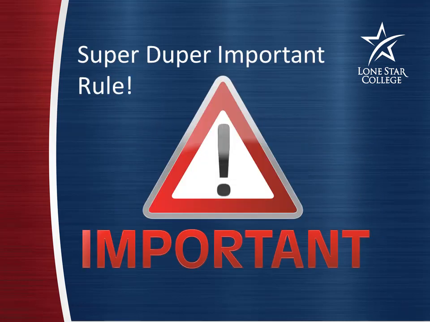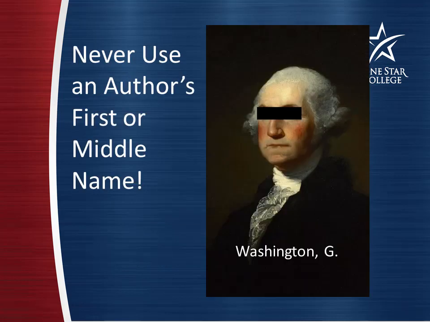There are two specific topics that I would like to bring up, as they often cause confusion among students working with APA. First, learn this rule and do not forget it. Never write out a source author's first or middle name. Even if you know the author's first or middle name, just provide initials.